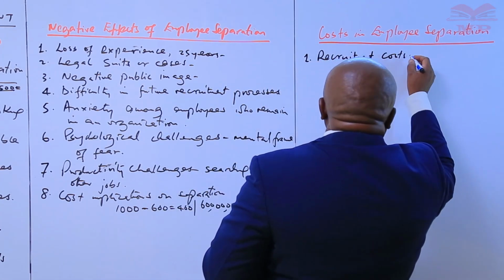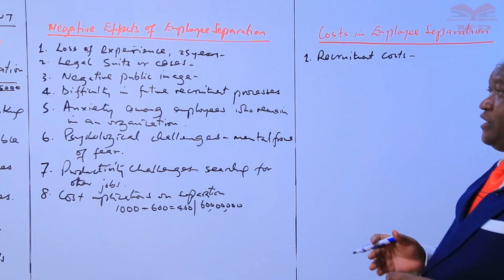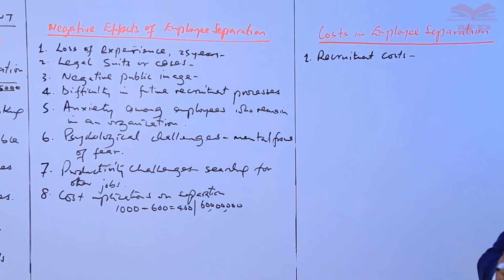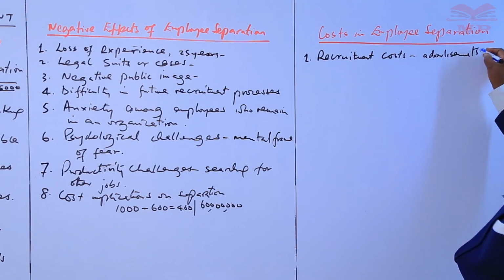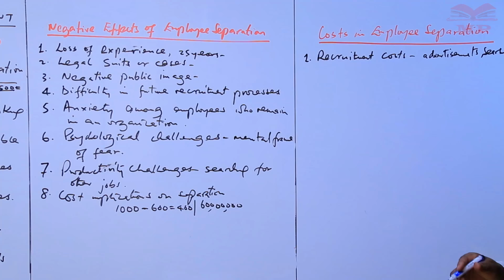So what happens when employees leave an organization, for example, through retirement or through resignations, then that organization must start the process of recruiting in terms of, let's say, advertisements, or maybe searching for prospective employees.